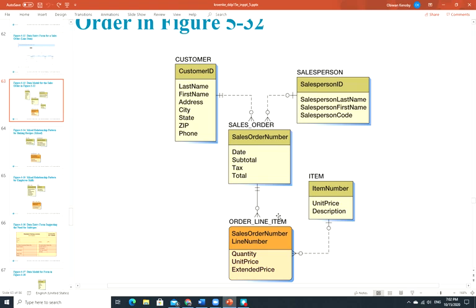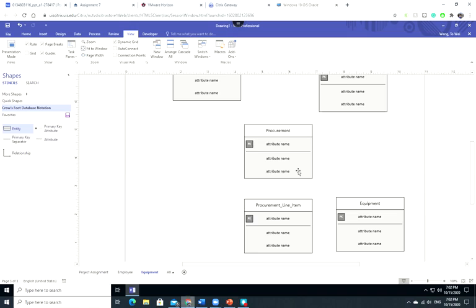And then you look at the notation here. Non-identifying on top, only identifying is this one, right? And many side is always on the transaction, or in the middle part.